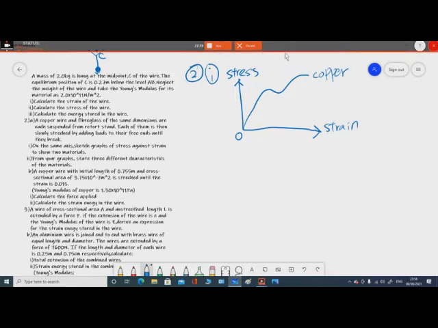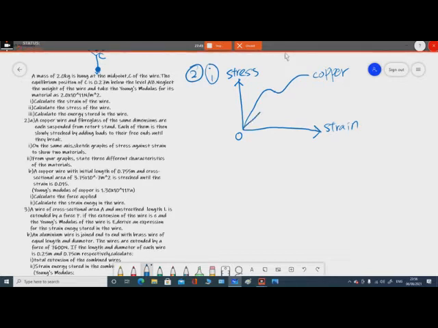So the copper will undergo deformation before breaking. The copper has the property of being ductile. As for the glass, it has the brittle property, so it will not undergo deformation.